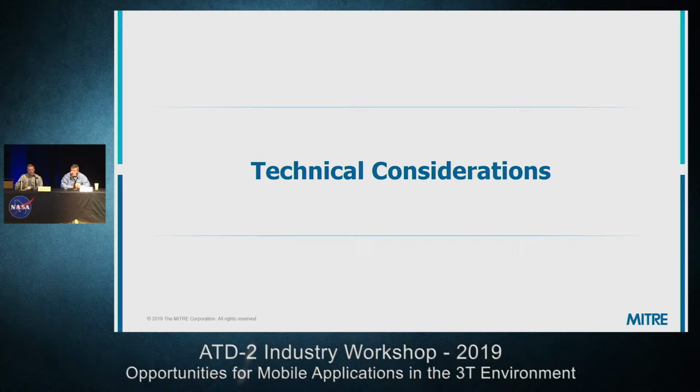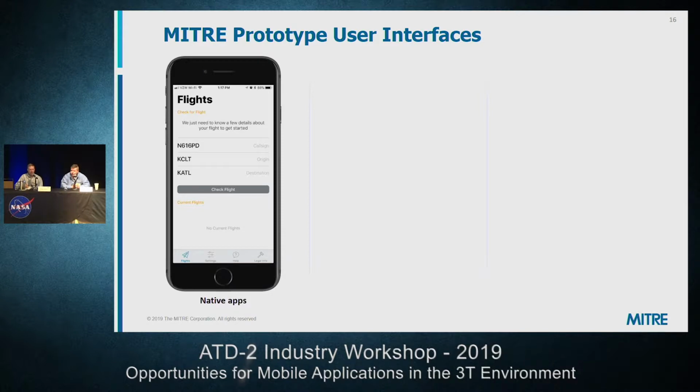Okay. So moving into some technical considerations and some lessons learned. So I mentioned we explored various ways that pilots could provide this information. And in Charlotte, we started out first with a native application that was developed for an iPhone. So it works on the iOS platform. It's pretty slick, very user friendly. All of the typical scrolling, swiping gestures.